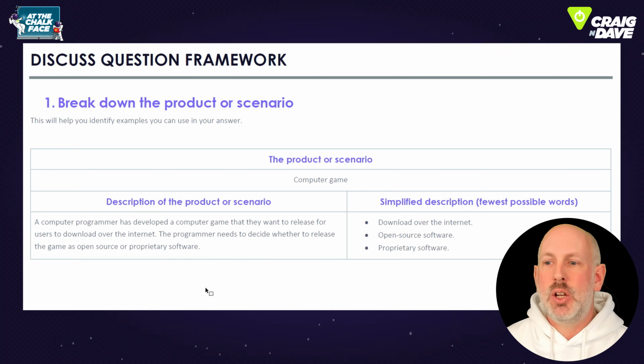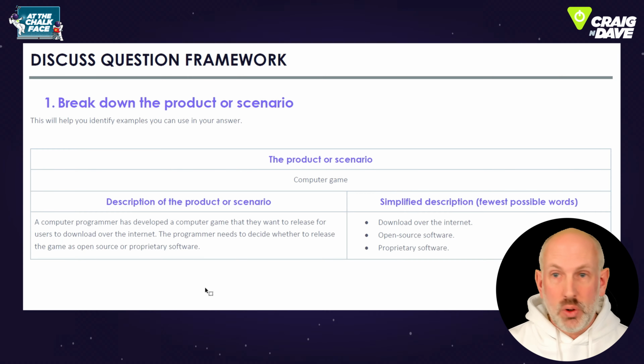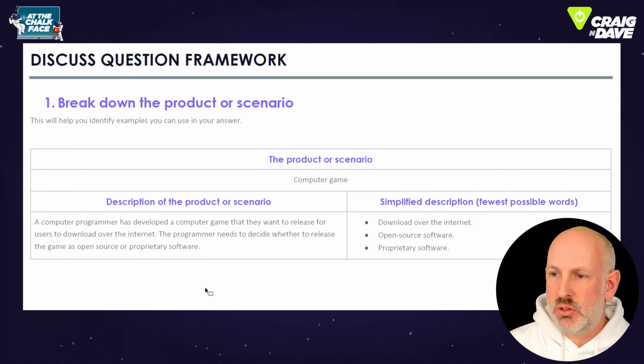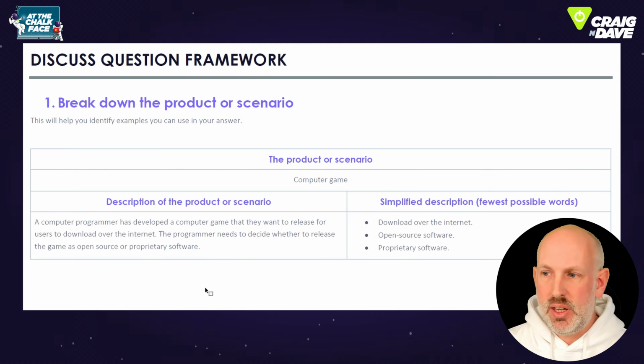So identify that pivot point, which is the word discuss, and copy everything from before the discuss word into the description of the product or scenario box in our template. Now, there's quite a lot of words in there. And so I would recommend, as another deconstruction exercise, getting the students to turn that into a series of bullet points.